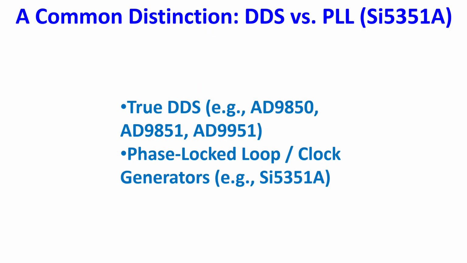A common distinction, DDS versus PLL, as in SI5351A. In modern radio circuitry, you will often encounter two types of digital oscillators. True DDS, for example AD9850, AD9851, AD9951, etc., from Analog Devices, generates the waveform entirely via digital synthesis as described above.